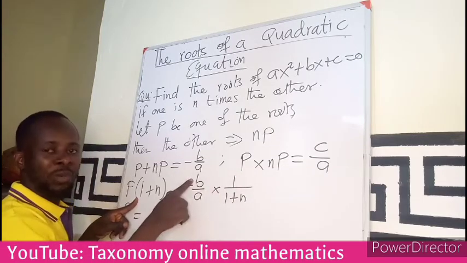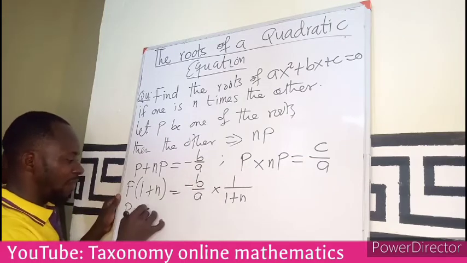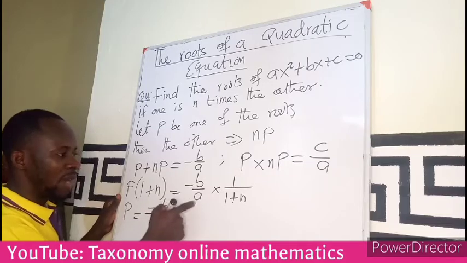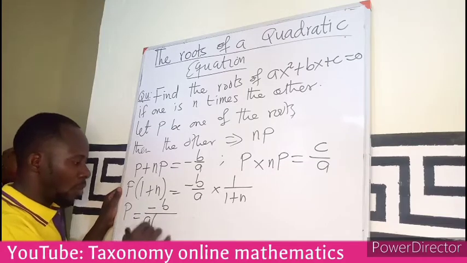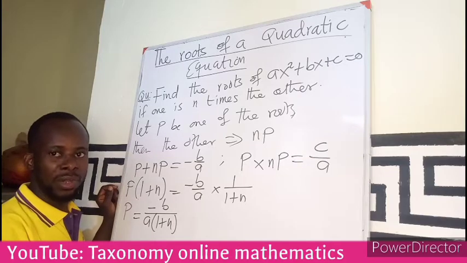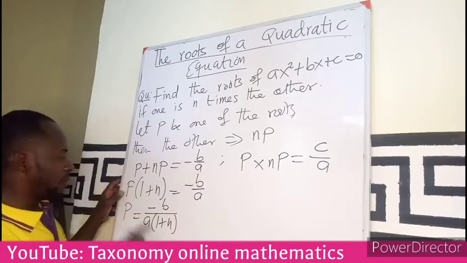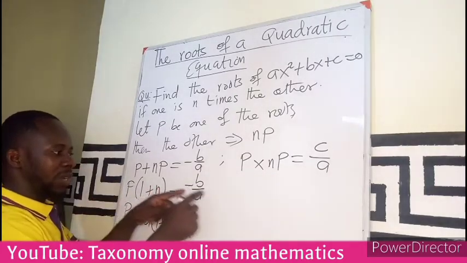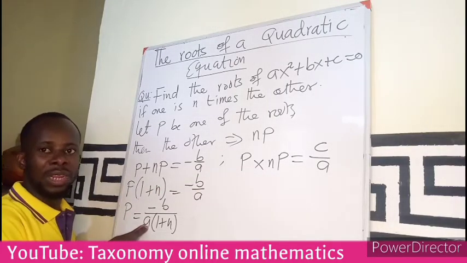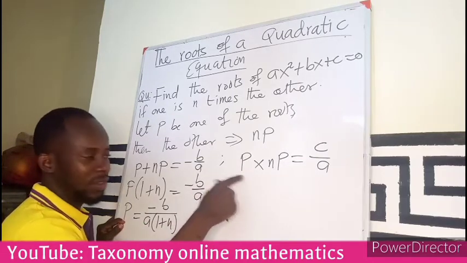So I'll have minus b over a multiplying 1 plus n, just by dividing through. If we come here, you just multiply the denominators. So now you can see I have p, which I can substitute into the second equation.